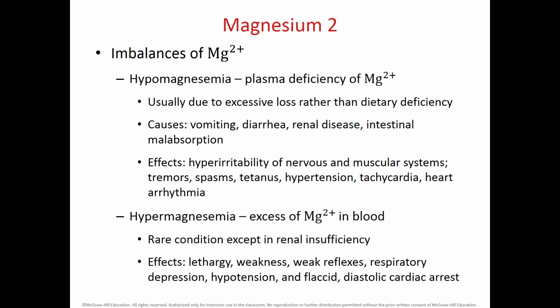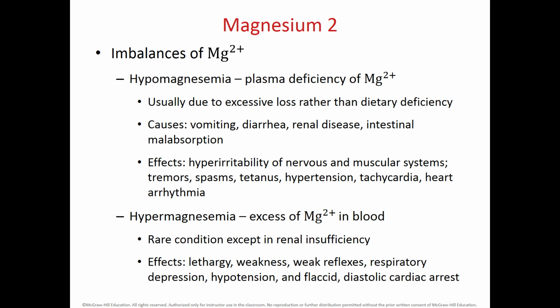Well, the person will have hyperirritability of their nervous and muscular systems. You have tremors or shaking in the phalanges in the hands. There will be spasms, tetany, hypertension, tachycardia, and heart arrhythmia.